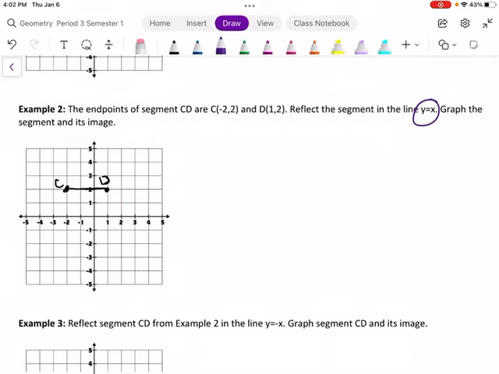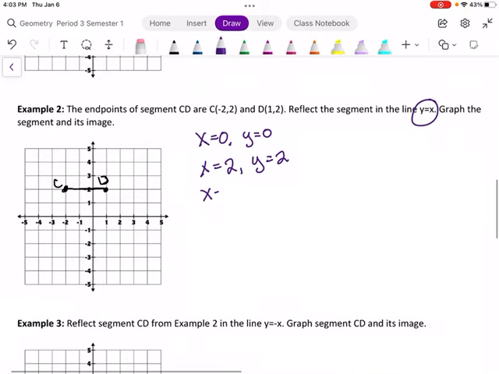If x equals 0, that means y would equal 0. If x equals 2, y would equal 2. If x equaled -2, y would also equal -2. So you'll notice that this is going to be a straight line going up 1 over 1, because it has a slope of up 1 over 1.